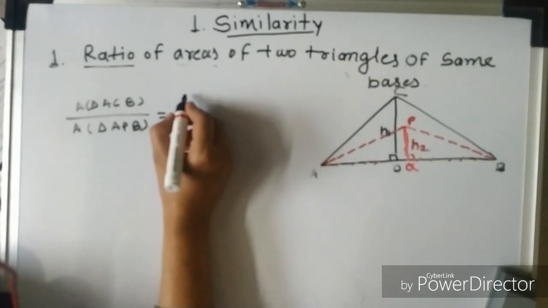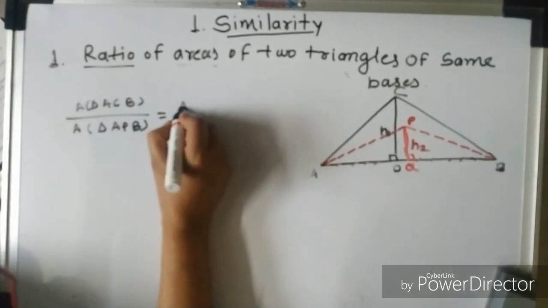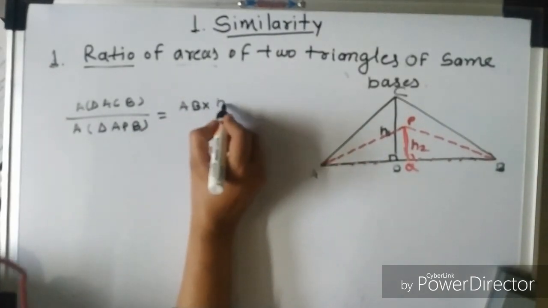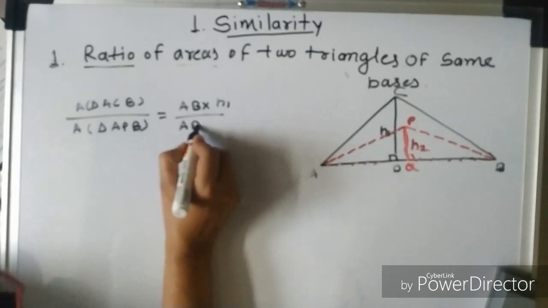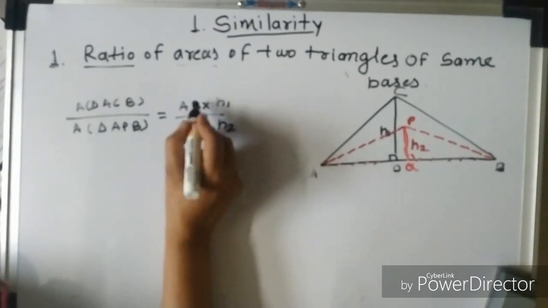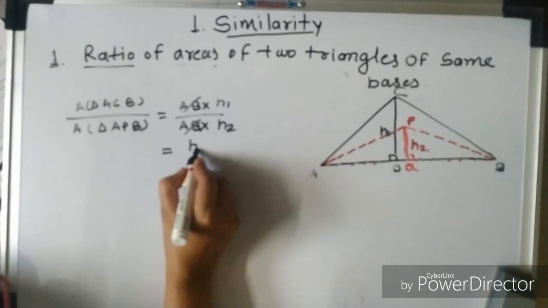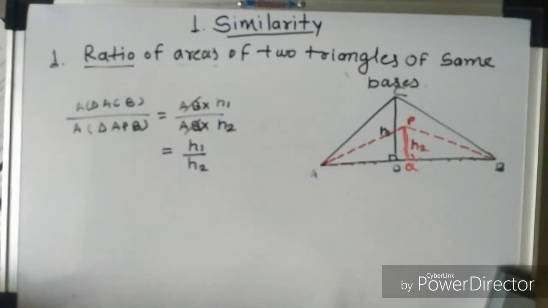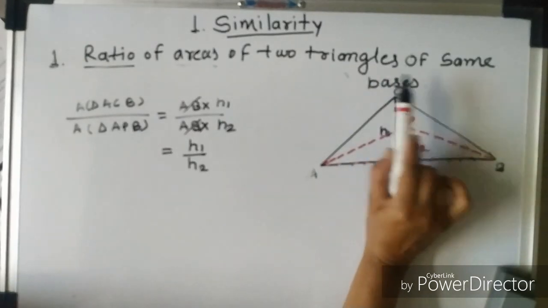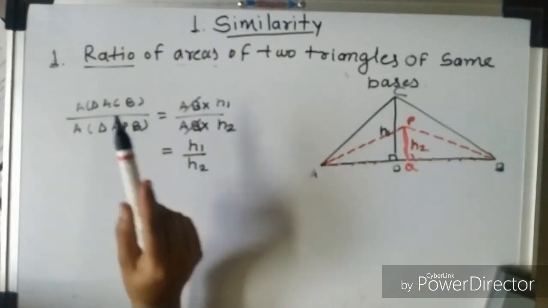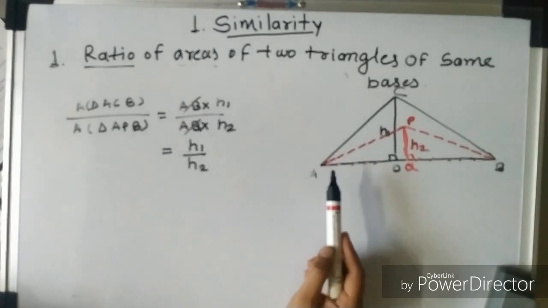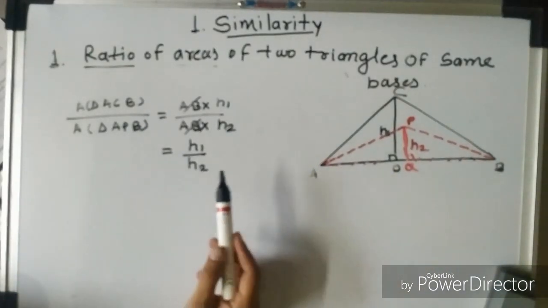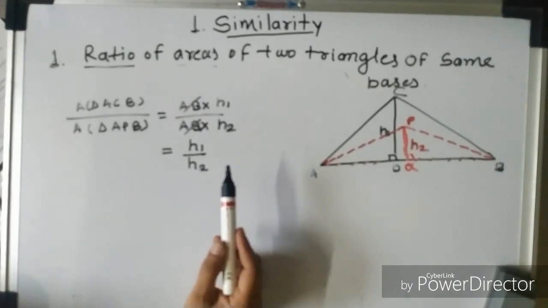Take the ratio: AB into H1 divided by AB into H2, AB gets cancelled. What we find is H1 by H2, meaning if the bases of the two triangles are same, then the ratio of their areas is equal to the ratio of their corresponding heights.